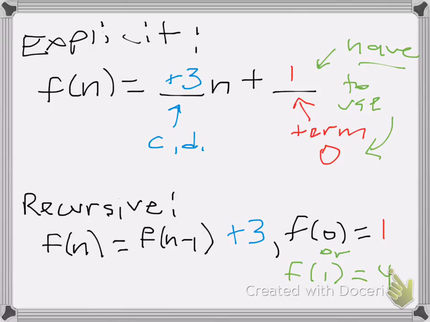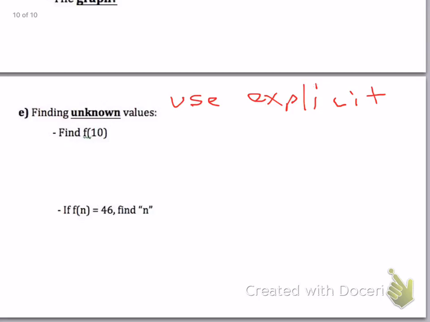So we're going to use this explicit function to answer the questions that were on the previous slide at the bottom of your note sheet. So we had an explicit function of f of n equals 3n plus 1. This is an n value.